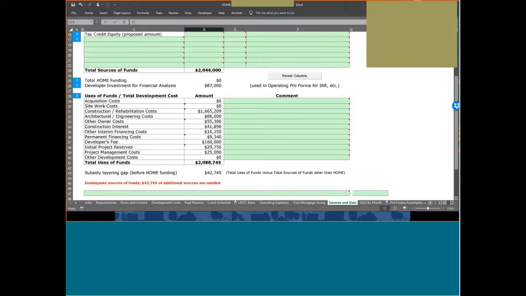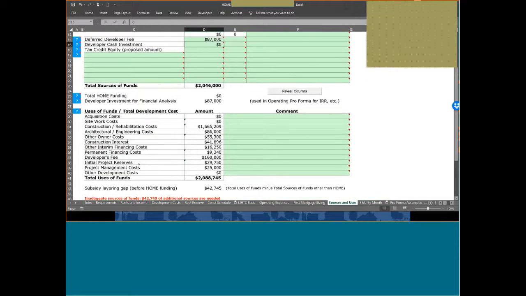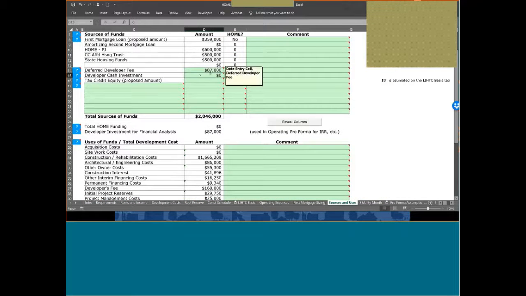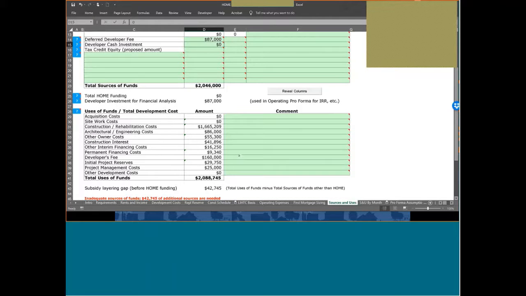We believe that our mortgage is right. We believe that our other sources are. We believe that our development costs are right, and yet we're still $42,000 short. So as a quick fix to this problem, I'm going to be nice and I'm going to say that the right fix here is to increase the amount of HOME funds that they've requested.